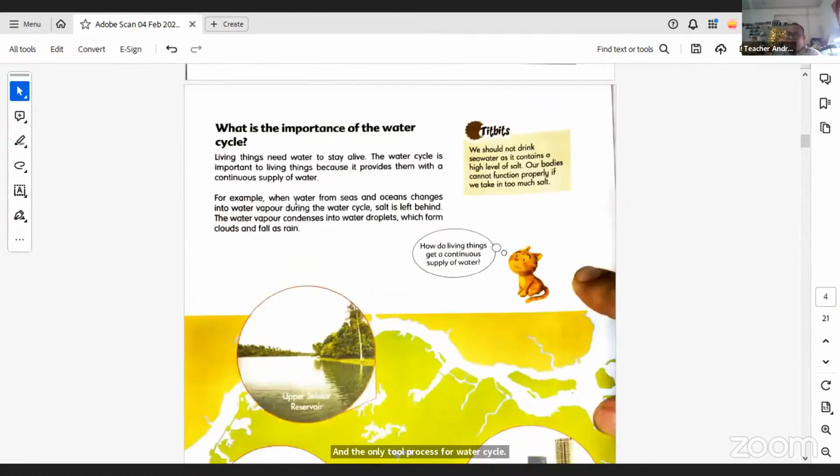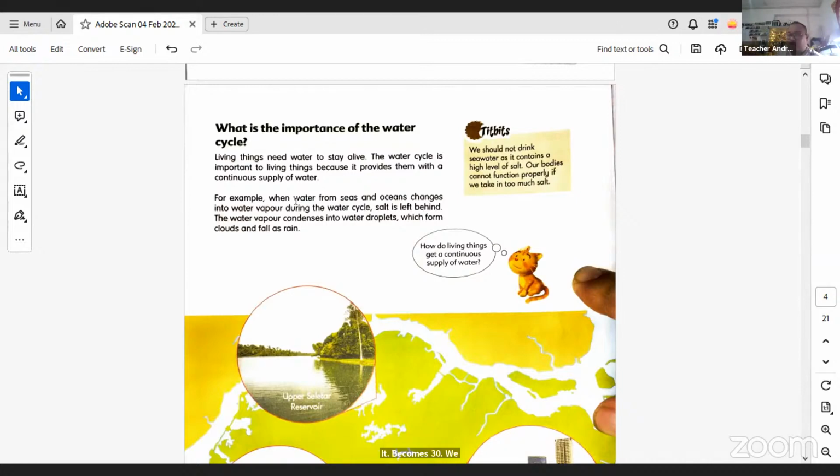So, like I mentioned earlier, the water cycle is very important. It is the natural filter for water. We know that all living things need water to survive. And it is important to have the water cycle because it provides a continuous supply of water. Imagine all the water on earth becomes dirty.